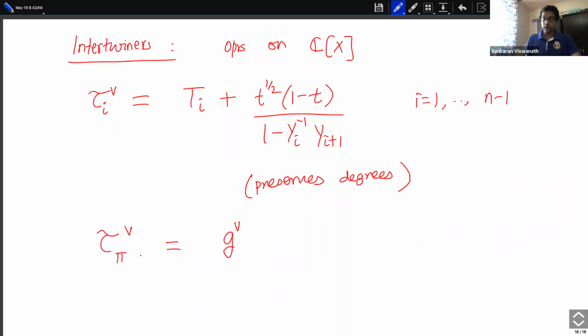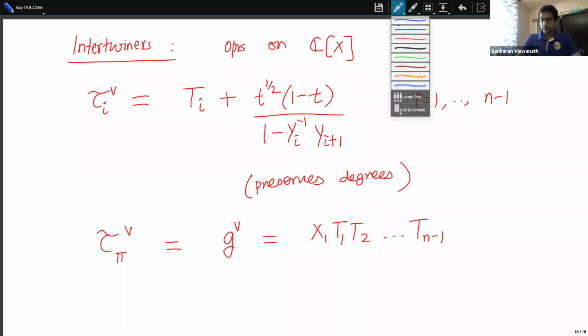So the other intertwiner actually is g check, and if you remember how g check was defined, you can write it in terms of x1 as follows. If you rewrite g check in terms of x's and the t's, then you realize that it's actually x1 t1 t2 ... t(n minus 1).